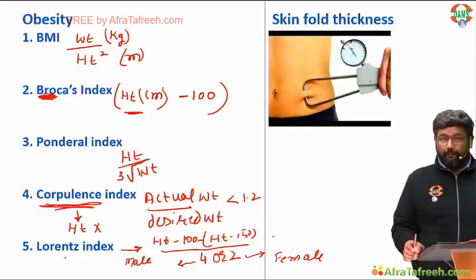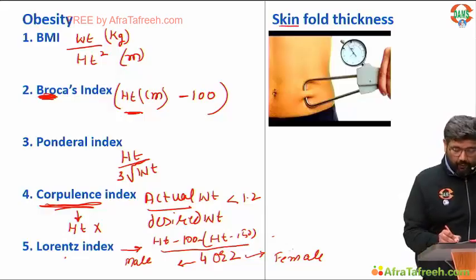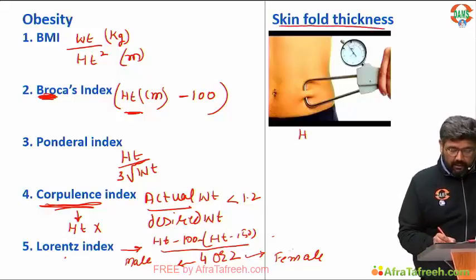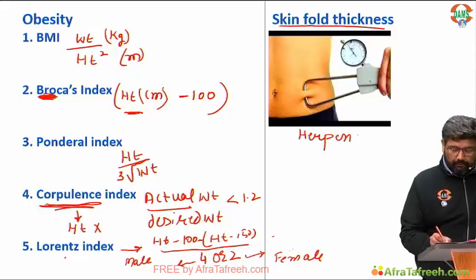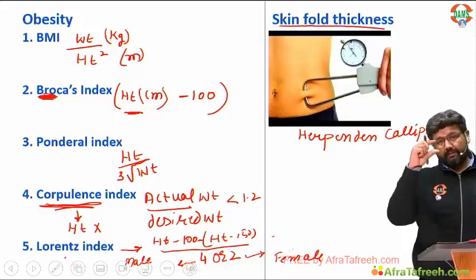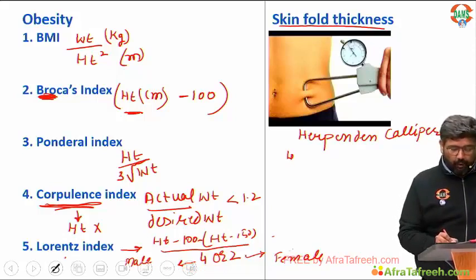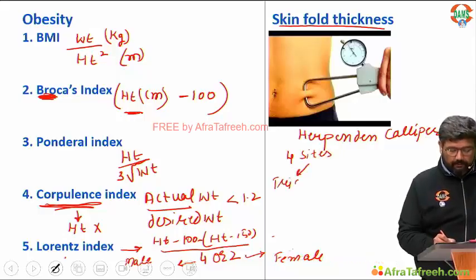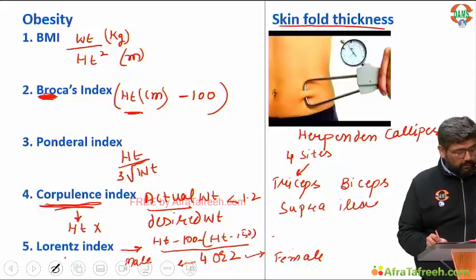Now skin fold index, skin fold thickness. This is the Harpenden caliper, used to measure the skin fold thickness. Four sites are used: triceps, biceps, suprailiac, subscapular.